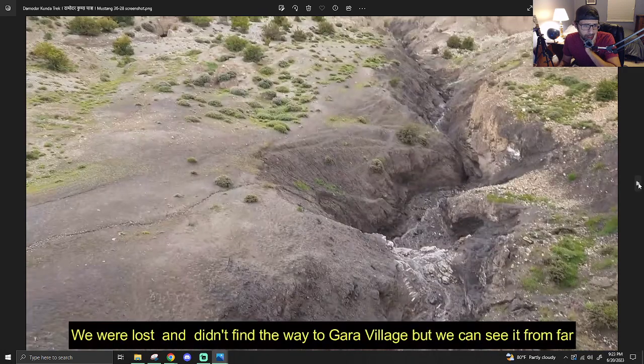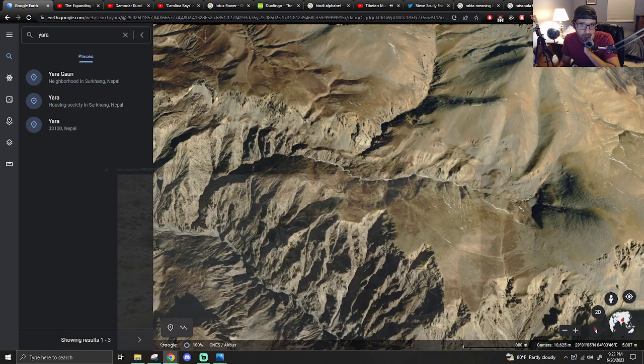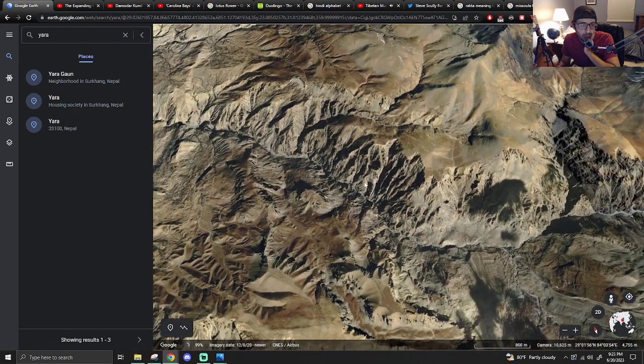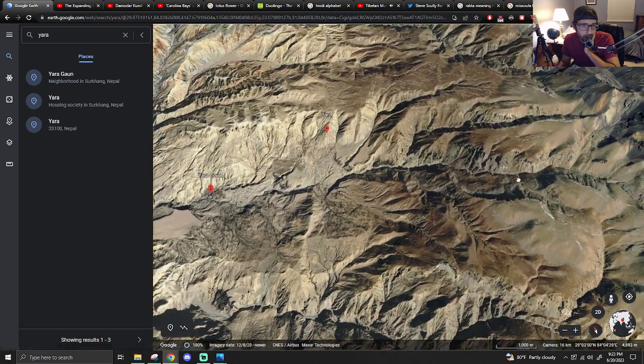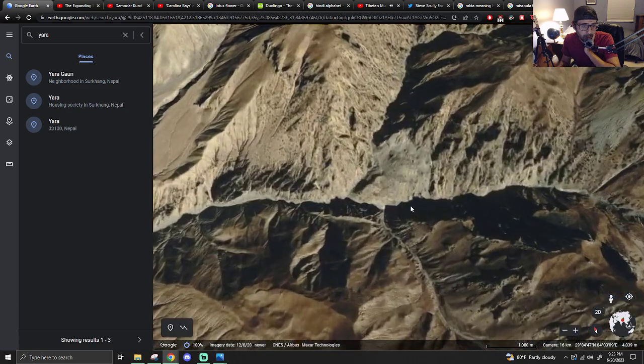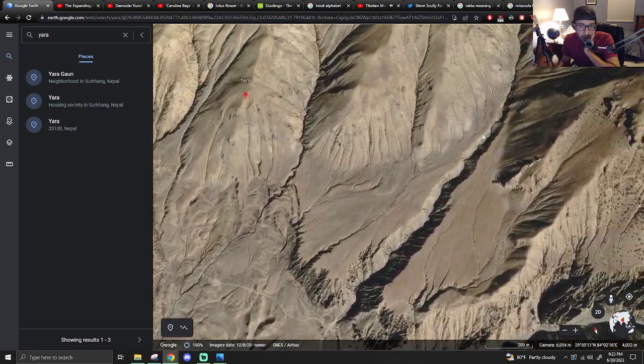So they went down in here, which is pretty cool. Down in here. I guess the Yara is over there. They were probably in here somewhere. No. Maybe in this.